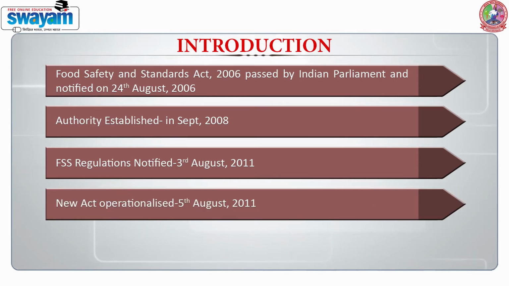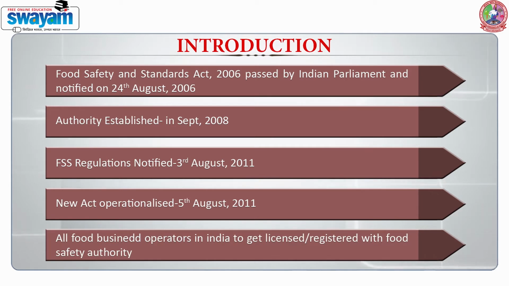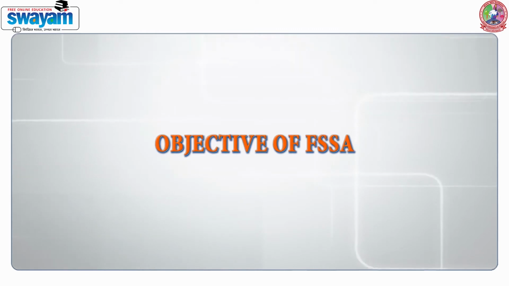The new act was put into operation on 5th August 2011, and in India all food business operators were required to get license or registration with the Food Safety Authority of India.